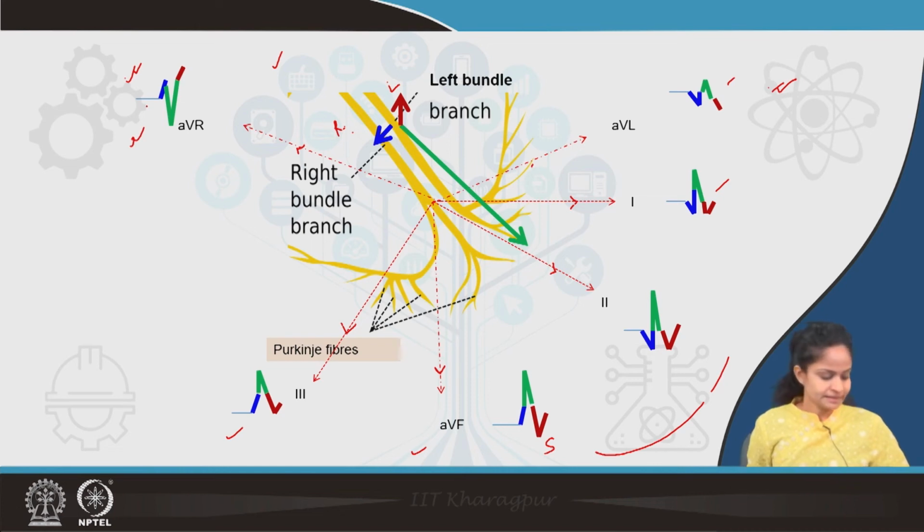So this is the whole configuration of the QRS complexes in the hexaxial system. We can see there are no Q waves, or first negative wave, in the case of AVR, lead 3 and also AVF.